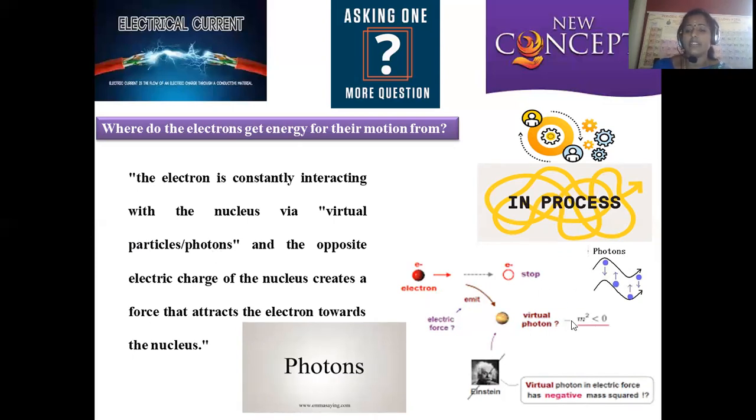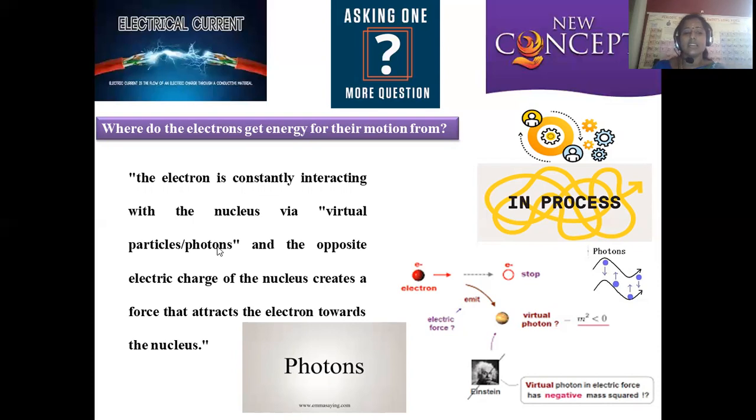Here it is clearly depicted in this diagram. This is the kind of process where electrons emit energy and absorb the virtual photons. The concept of photons was given by the scientist Einstein, and these photons energize the electrons, so continuous movement of electrons is possible. They are constantly interacting with the nucleus where protons are there, and neutrons are also present.